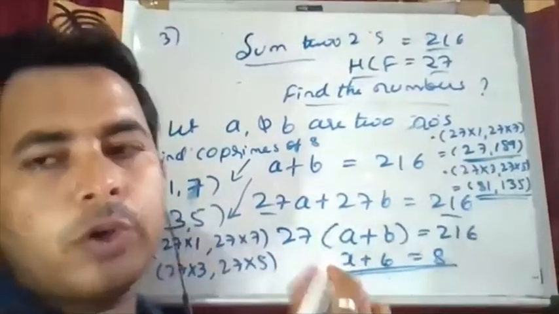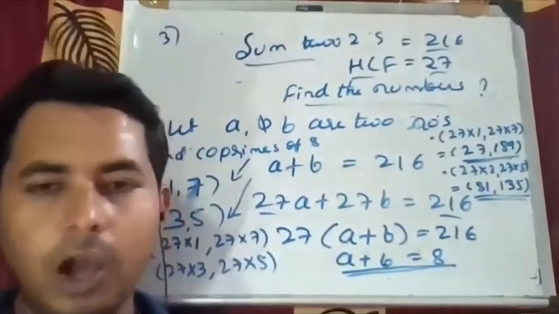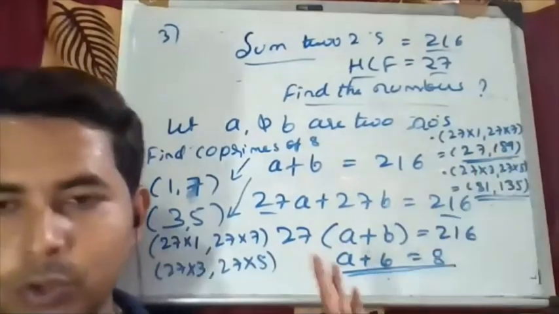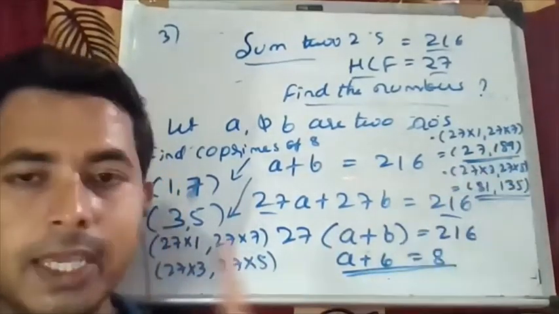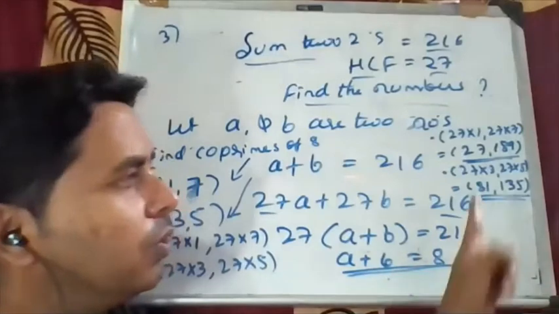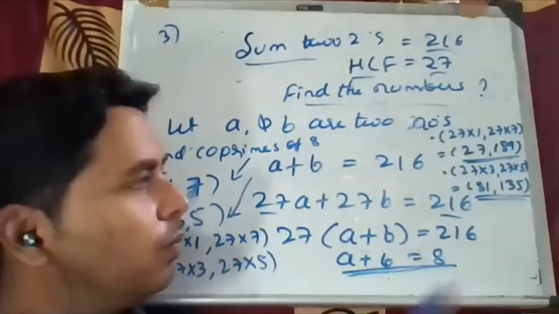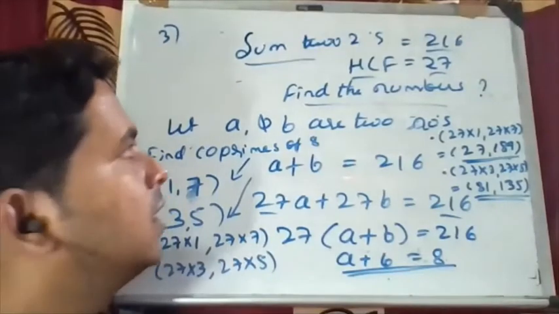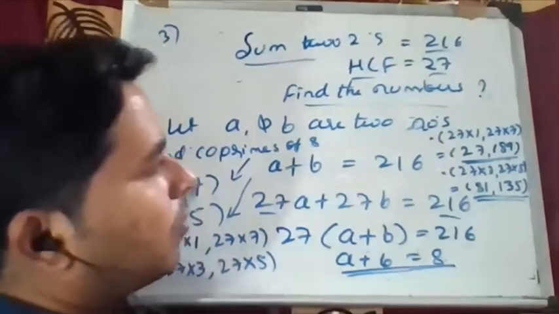In these two groups, you have to check the options. चारों ऑप्शन में से ये दोनों नहीं रहते, दोनों में से एक रहता है ऑप्शन पे, so you have to click that option, whether it may be 81 and 135, or 27 and 189.